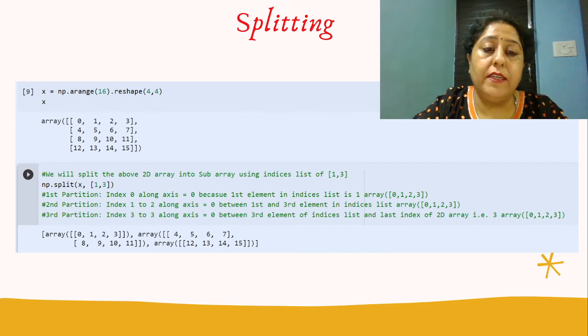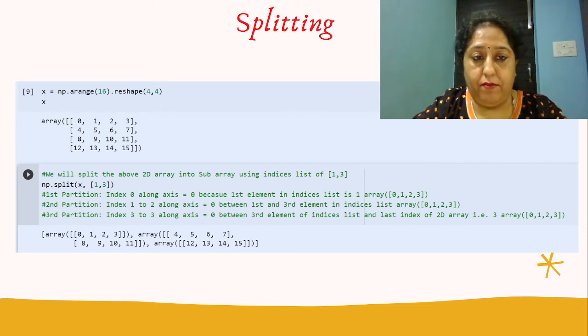Soon after we create it, we reshape it from the one-dimensional array to a 4 cross 4 matrix. So here you will have a matrix with 4 rows and 4 columns having values ranging from 0 to 15.